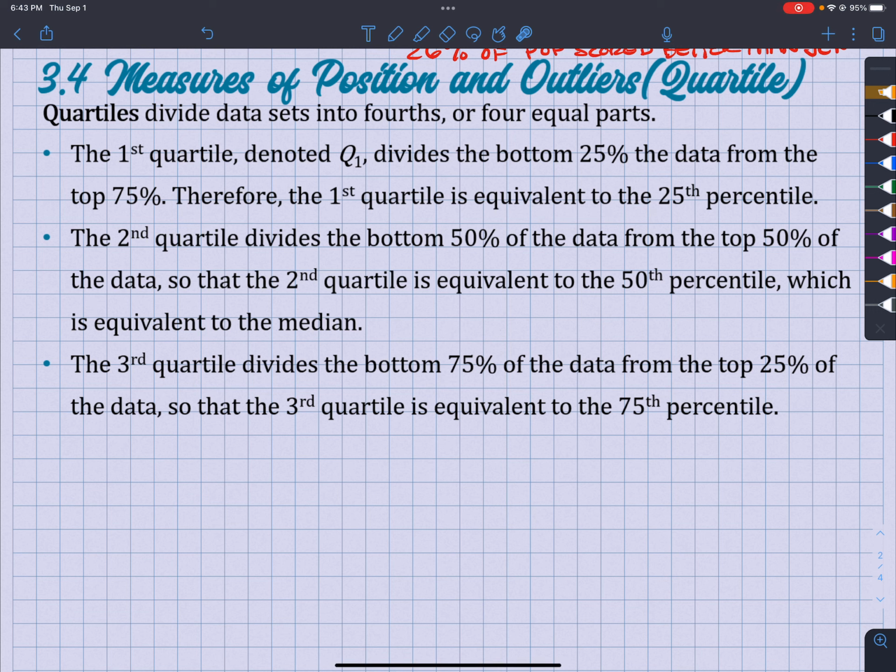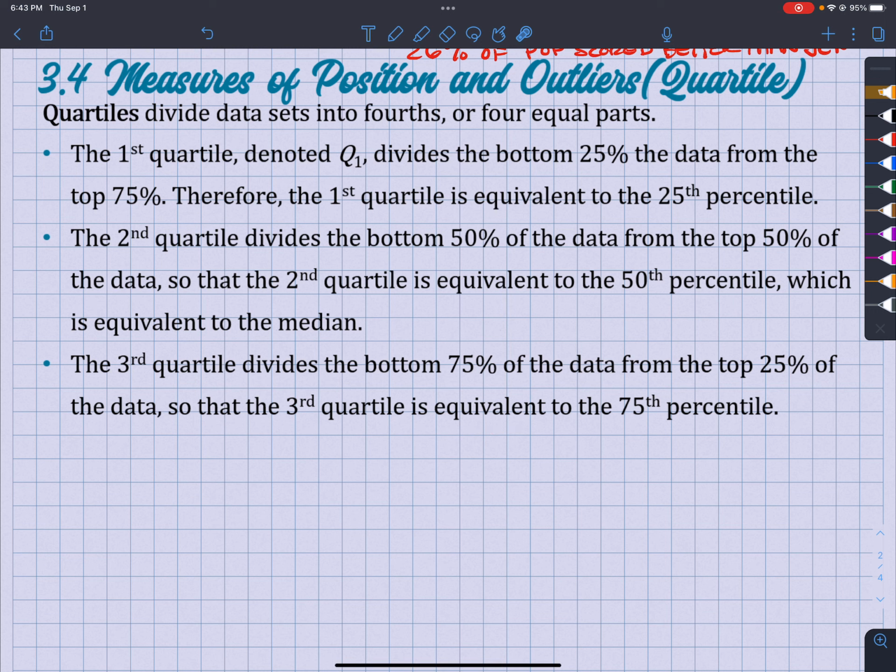The second quartile is the bottom 50%, hence the 50th percentile, which is also equivalent to the median. And the third quartile is the bottom 75%, or also known as the top 25% of the data. So the third quartile is equivalent to the 75th percentile.